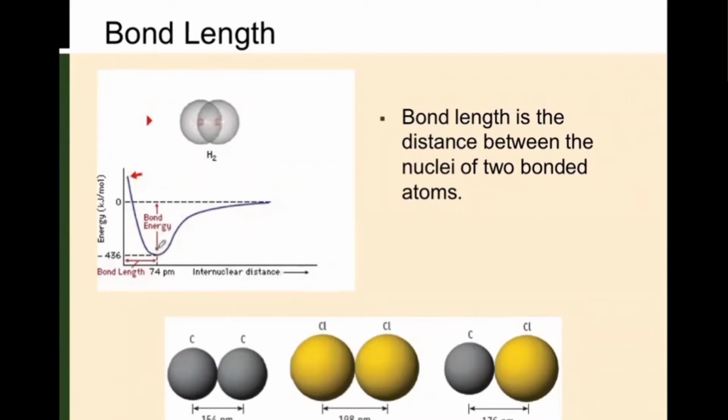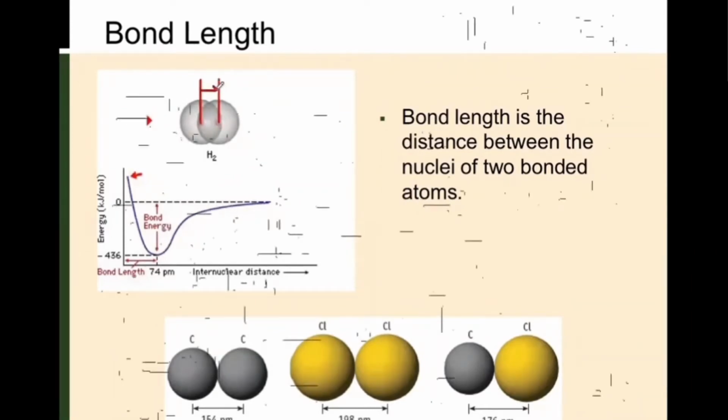There is some sweet spot here, some minimum where the energy is lowest at a certain distance. For the H2 molecule, the bond energy is lowest at 74 picometers internuclear separation. So we have one nucleus there, we have another nucleus here. The bond length is the distance between here and here.